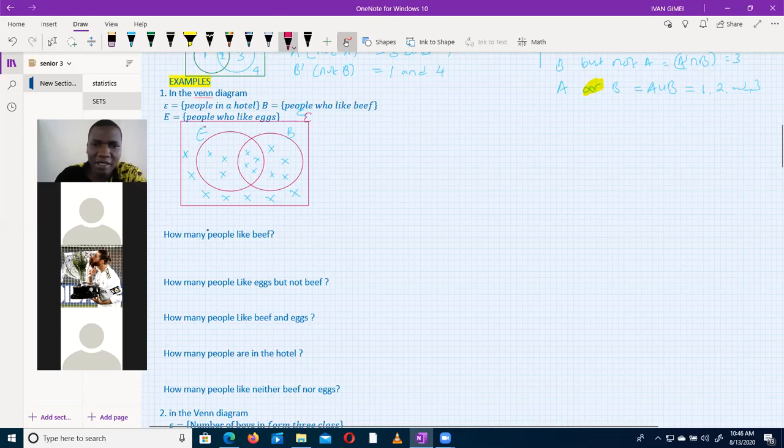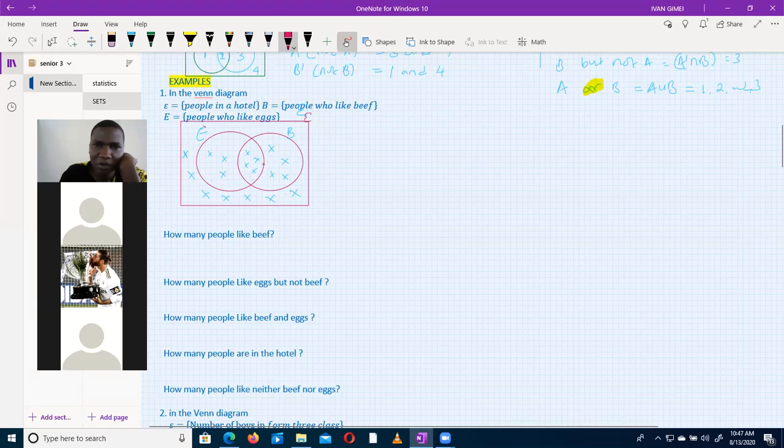Now the question is, how many people like beef? This is a simple quiz. You do it very fast and you proceed. Can somebody tell me the answer? We know those regions already. This is the region for beef, the circle. So how many people like beef?